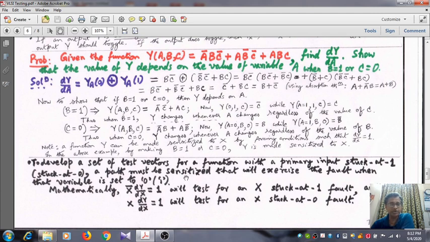That means the output should differ in the faulty condition and fault free condition. Remember that an ideal test vector would be such that the output should produce differing outputs, once when in faulty condition and when in fault free condition. So outputs must differ in the two conditions, in faultless condition and faulty condition.